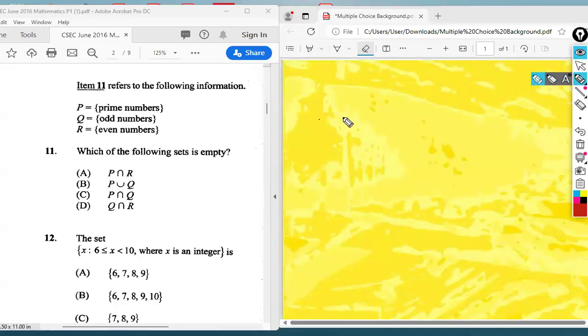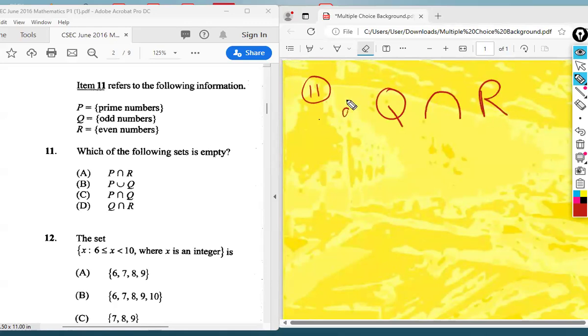The answer is D. Let me explain why for number 11, right? Q intersect R, this is the answer they have for D. Remember, this symbol represents intersect, or another word for intersect is overlap. So they want to know when Q and R overlap.